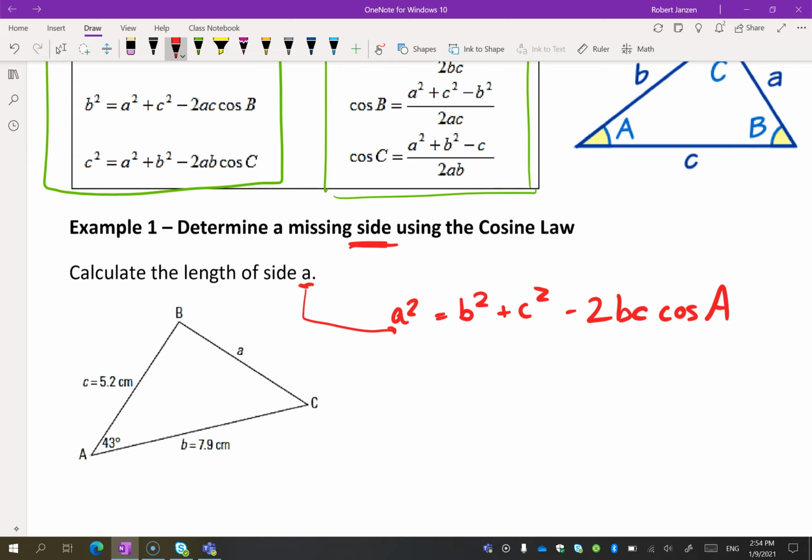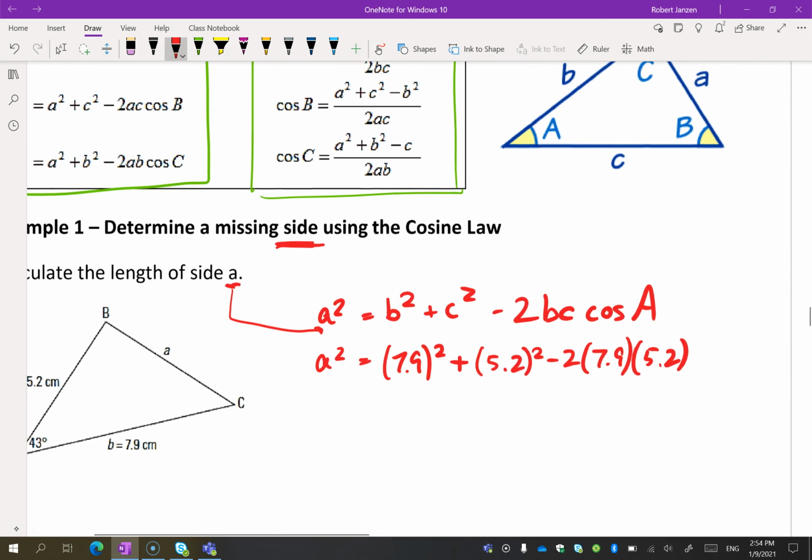So let's fill in what we know. We don't know A. Side B is 7.9. Side C is 5.2. So 2 times 7.9 times 5.2, and the angle A is 43 degrees.